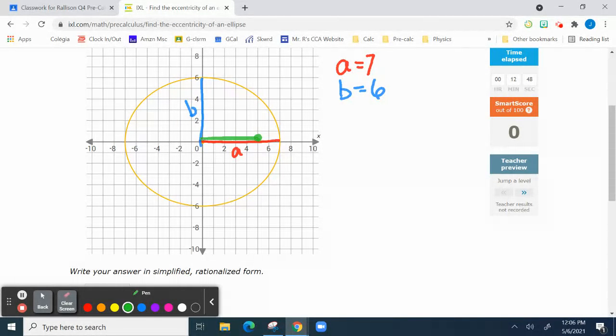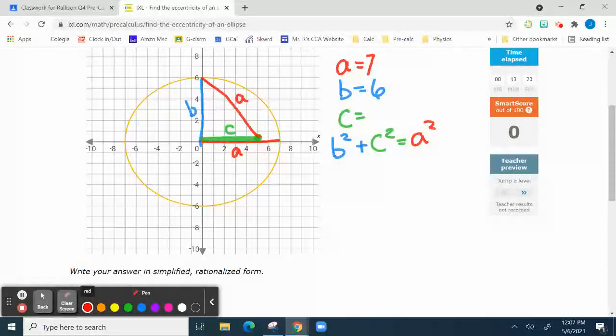Because what's that distance? That's going to be our C distance, right? From the center to the focus. And we don't know what that is, but we do know that this distance is also A, right? So now we can say that B squared plus C squared equals A squared, right?